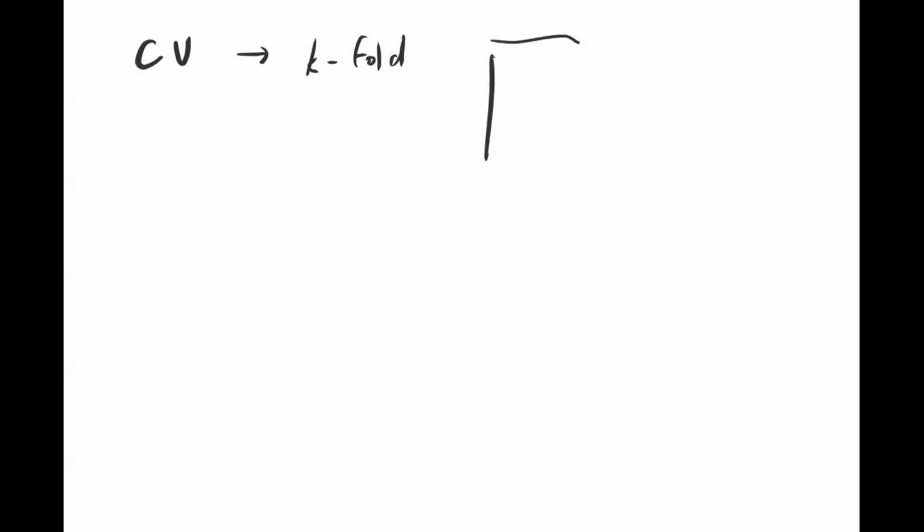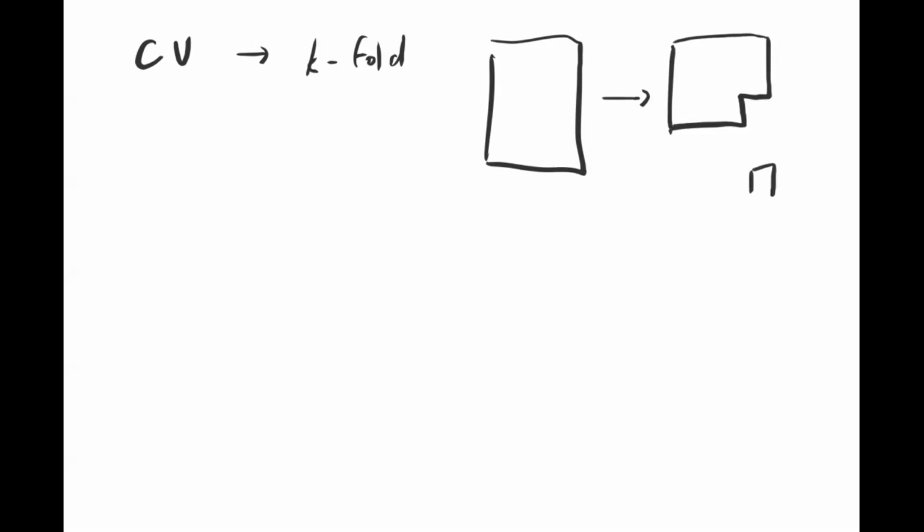So in this procedure where I divide this into a big chunk and a small chunk, essentially what you want to do is to run your model against your training set and then look at the mean squared error of your K-fold.